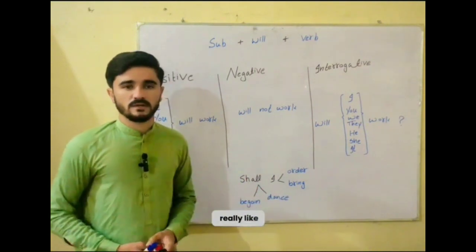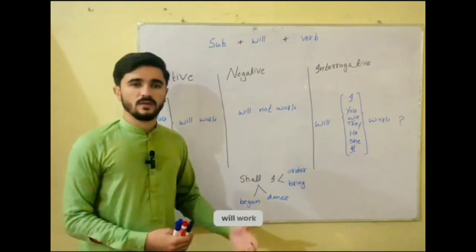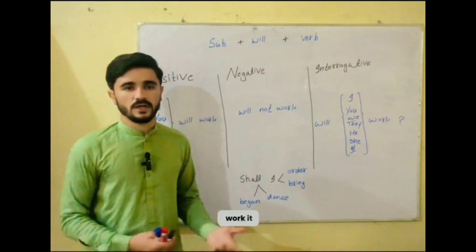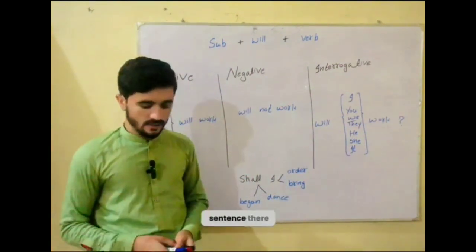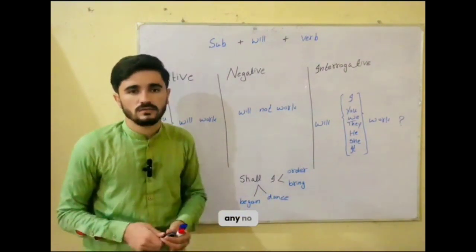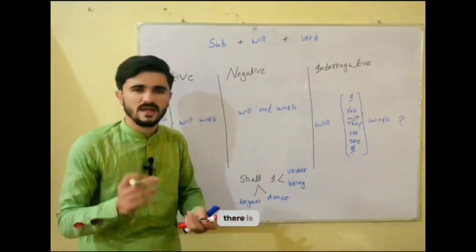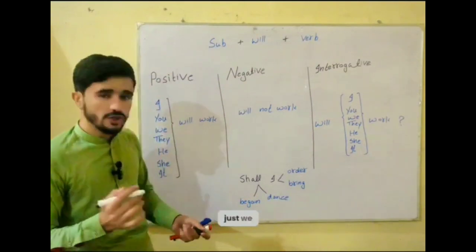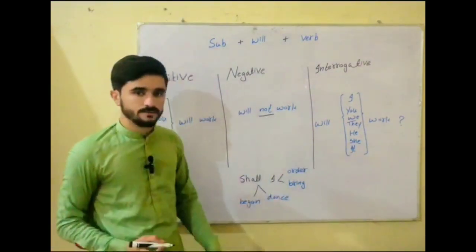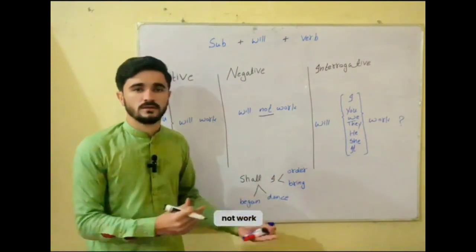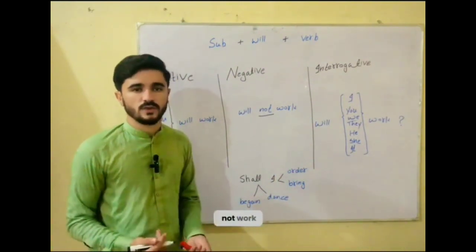I will work, we will work, they will work, she will work, it will work, and like that. With the negative sentence, there is no big difference. There is a small difference: we just use not. Like I will not work, they will not work, she will not work.